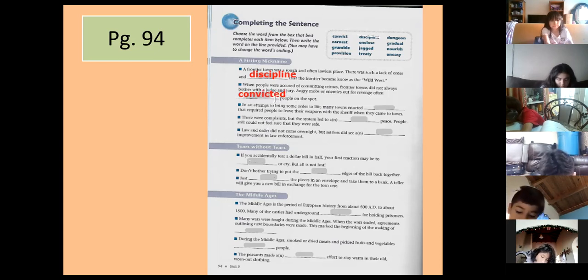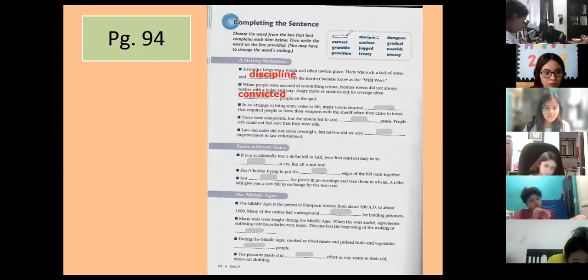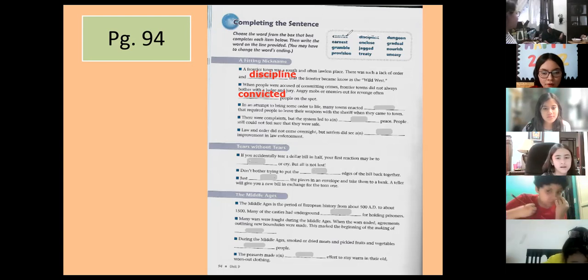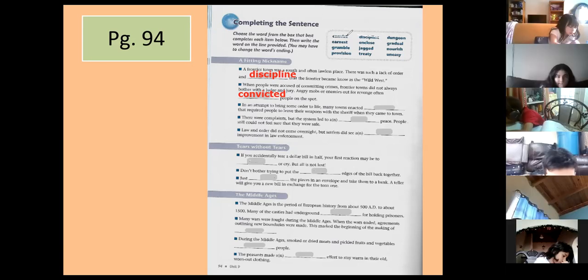Lucia, number 3, Lucia. You're muted. Lucia Alvarenga? No? Okay, let's see. Number 3, it says, in an attempt to bring some order to life, many towns enacted laws that require people to leave their weapons with the sheriff when they came to town.